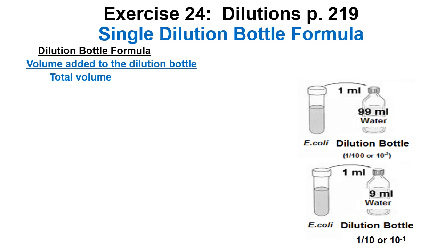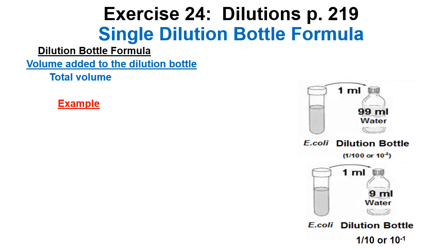So on the picture, on the right-hand side, we see 1 milliliter, that's our volume added, being added to a 99 ml water bottle. So using our formula, it's 1 milliliter divided by the total. 1 plus 99 is 100. So you see below where it says dilution bottle, 1 over 100 or 10 to the negative 2. So 1 over 100 is the same as 10 to the negative 2.